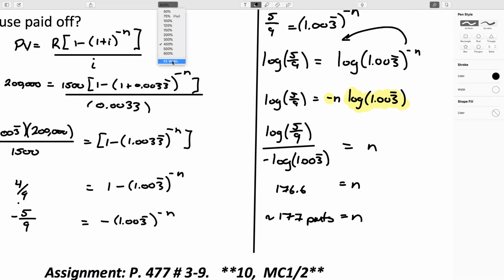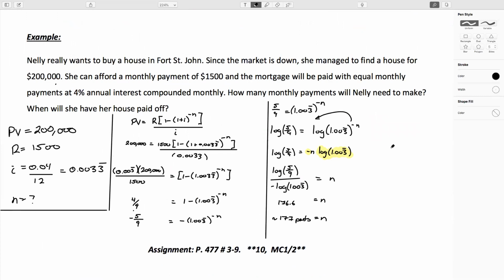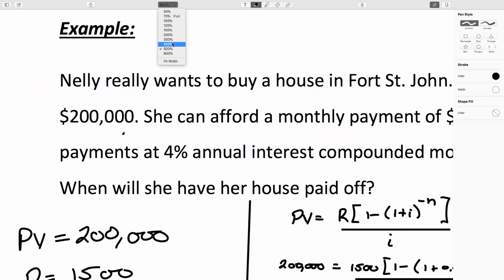Now we've just got to go back to what the question's asking. How many monthly payments will she need to make? When will she have her house paid off? Okay, so 177 payments is the answer to the first part.